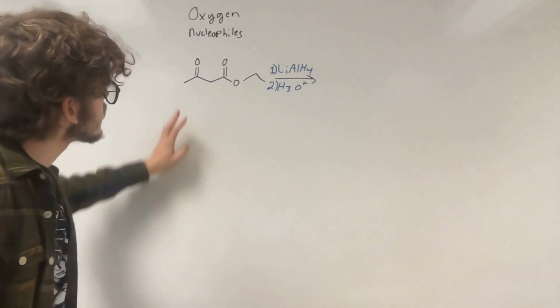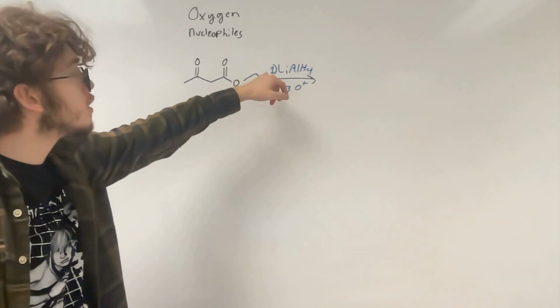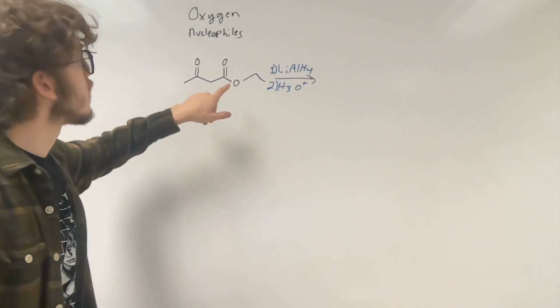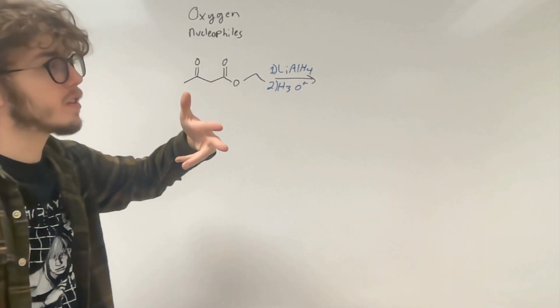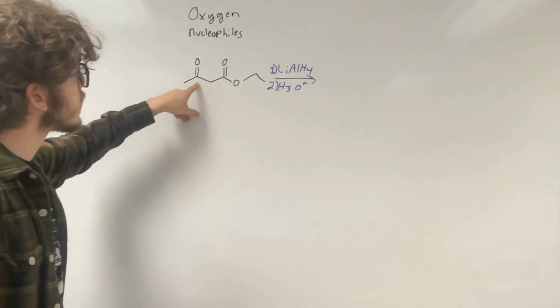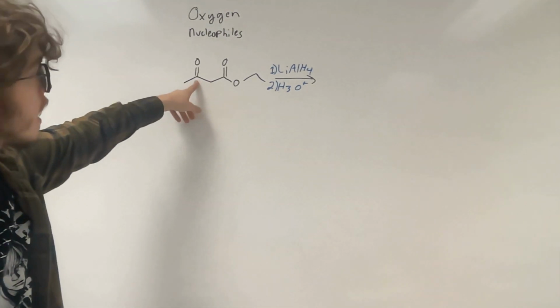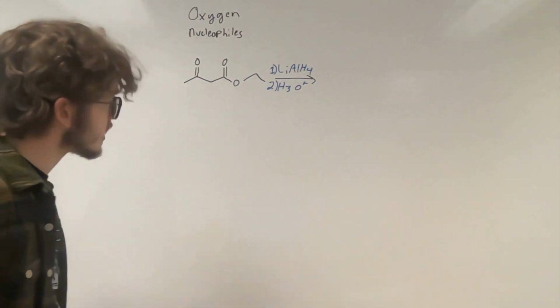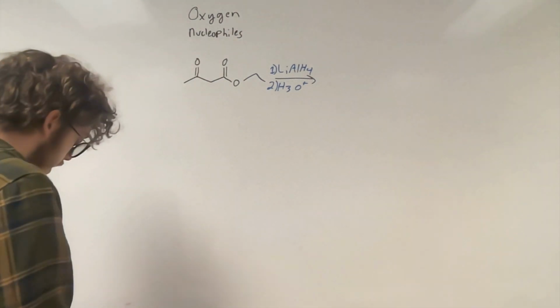So notice how lithium aluminum hydride could either attack the ester and kick out the ester to make an OH, or it could attack this carbonyl and make an alcohol. So it's really indecisive on which one it will do, and you might get a product mixture.